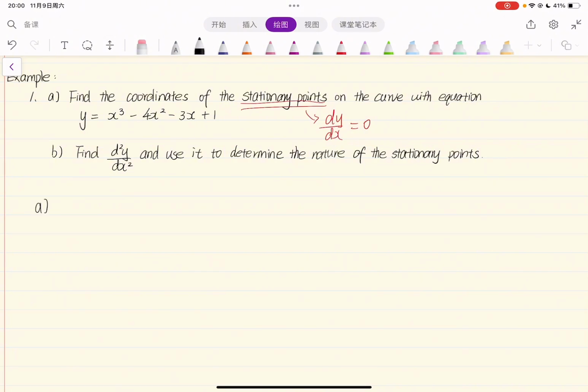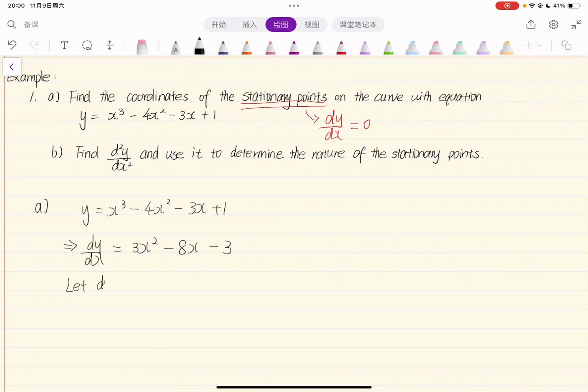Firstly, let's find the gradient function. We have y equals x cubed minus 4x squared minus 3x plus 1. Thus, the gradient function dy over dx equals 3x squared minus 8x minus 3.